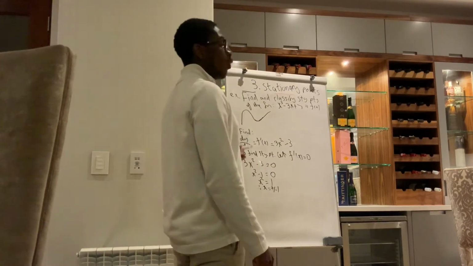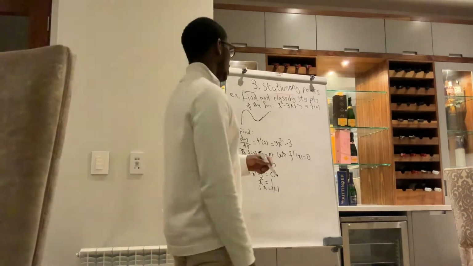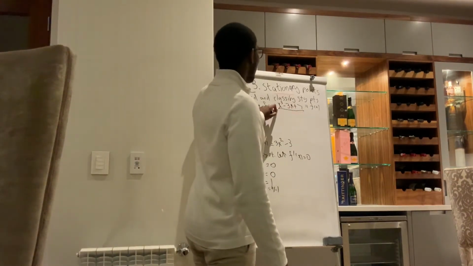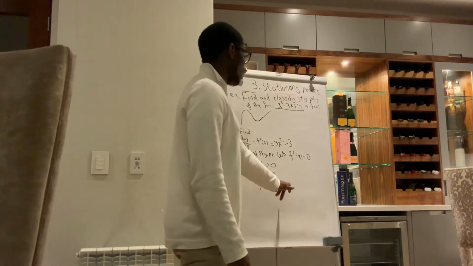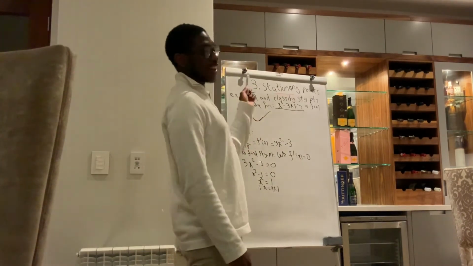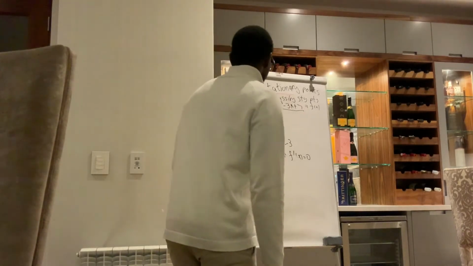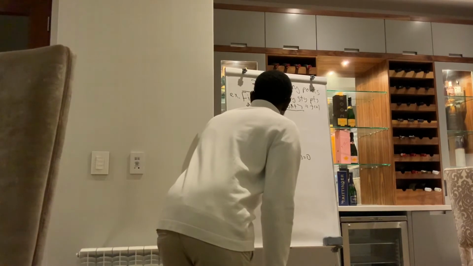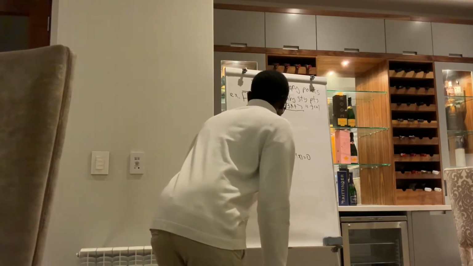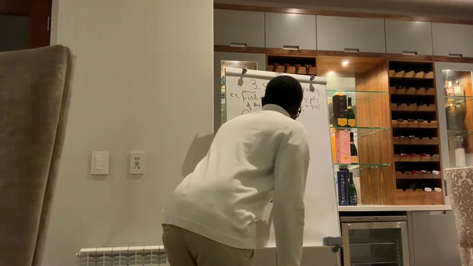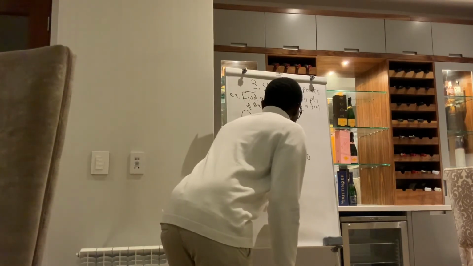To find the y coordinates of the two stationary points, you need to look at the original function and plug in the x values, because obviously the stationary points lie on the curve. So f of negative 1 is going to be negative 1 cubed minus 3 into negative 1 plus 7.